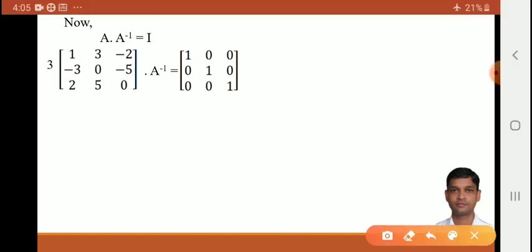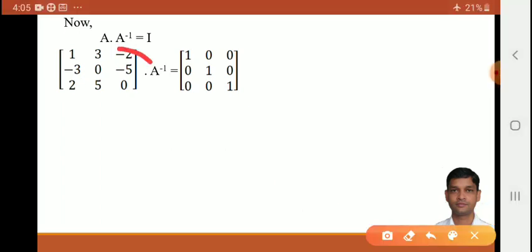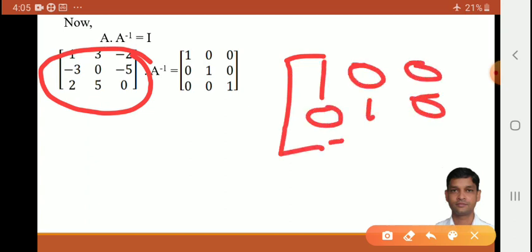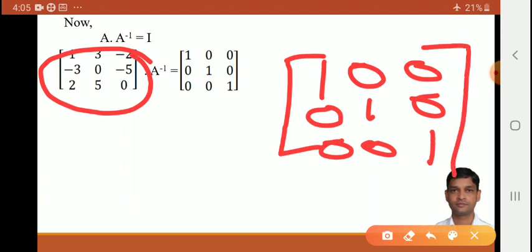Okay. Now, we have to adjust the identity matrix at this place. Identity matrix means 1 0 0, 0 1 0, 0 0 1, so that we get the value of A inverse.